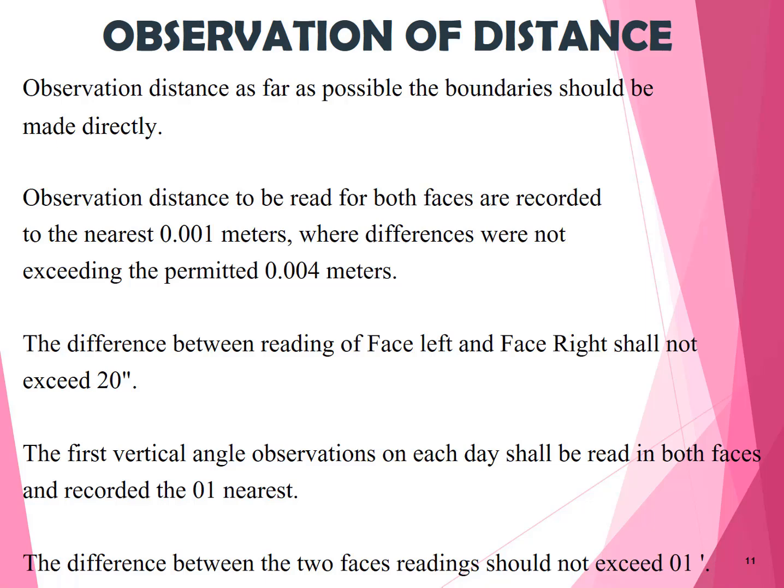The first vertical angle observations on each day shall be read in both faces and recorded to the nearest 1 second. The difference between the two face readings should not exceed 1 minute.